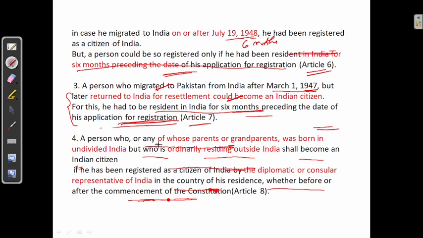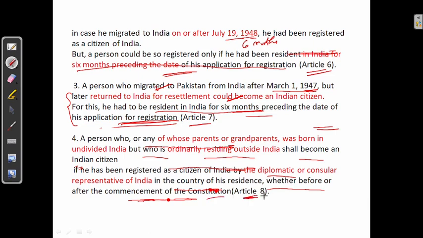Next, a person who or any of whose parents or grandparents was born in undivided India but who is ordinarily residing outside India shall become an Indian citizen only if he has been registered as a citizen of India by the diplomatic or consular representative of India in the country of his residence, whether before or after the commencement of the Constitution.